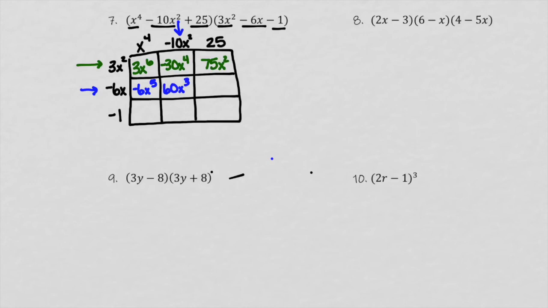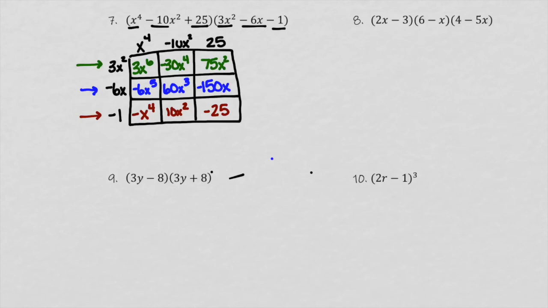And a negative 6x times 25 is going to be a negative 150x. Then we fill out the bottom row. I'm going to take negative 1 and multiply it by the trinomial. So negative 1 times x to the fourth is just negative x to the fourth. Negative 1 times negative 10x squared is 10x squared. Negative 1 times 25 is a negative 25.